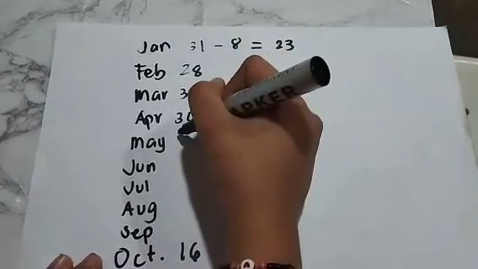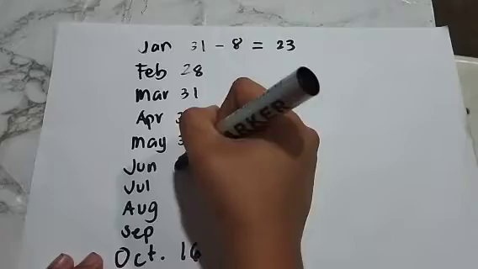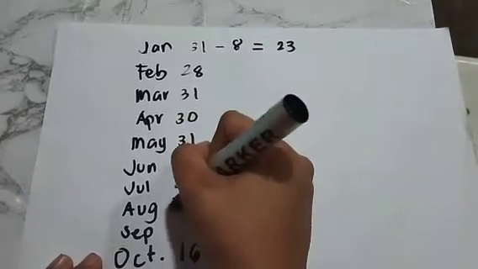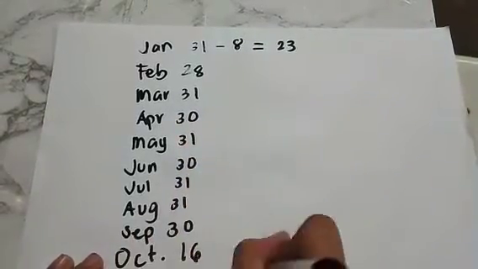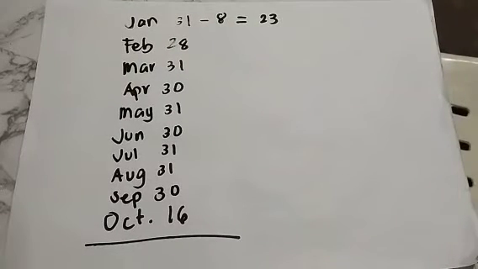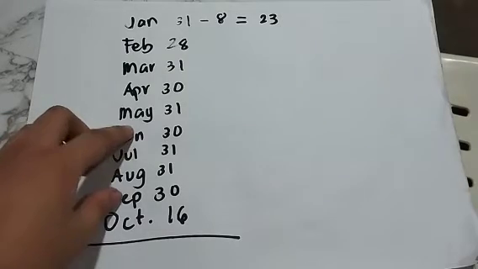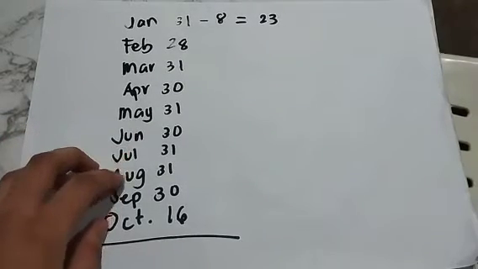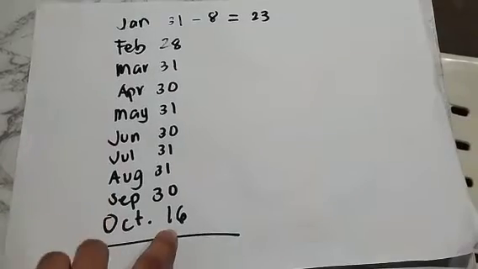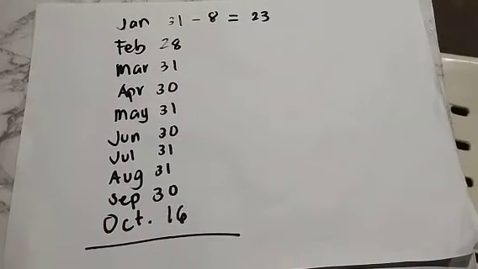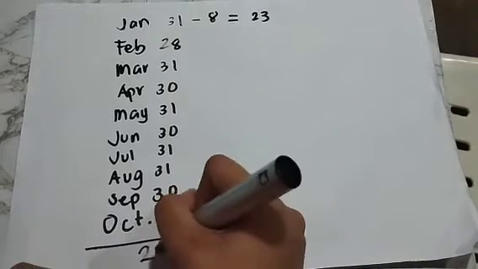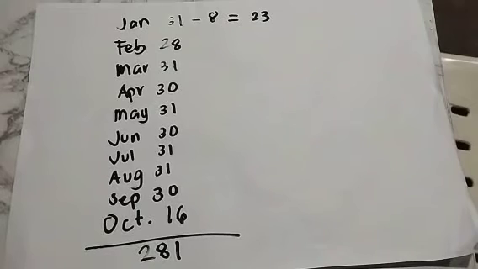So, after that, i-add na natin. So, 23 plus 28 plus 31 plus 30 plus 31 plus 30 plus 31 plus 31 plus 30 plus 16. So, overall, we have 281 days. So, nakuha na natin yung number of days.